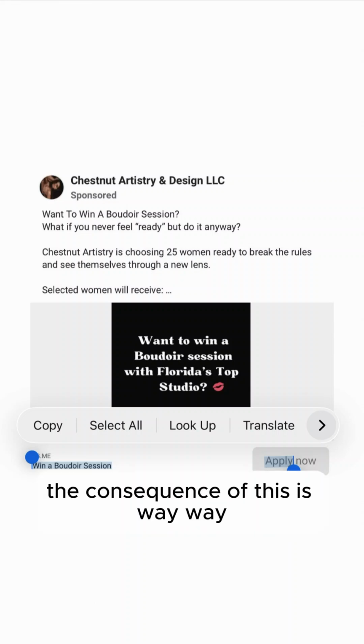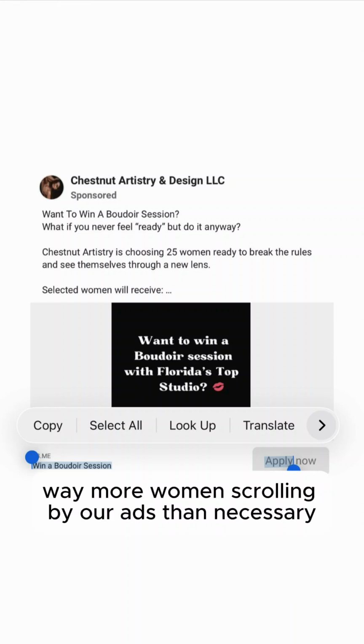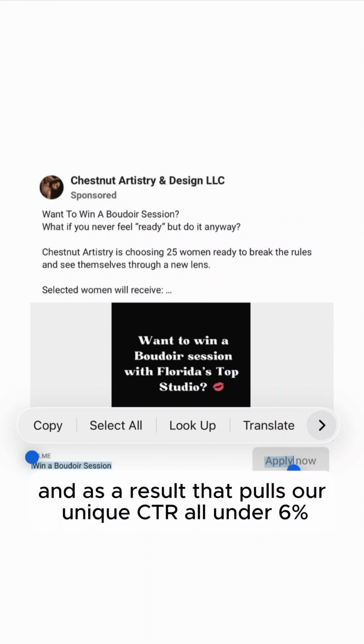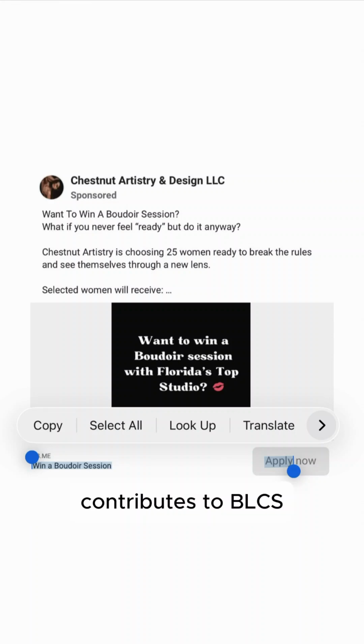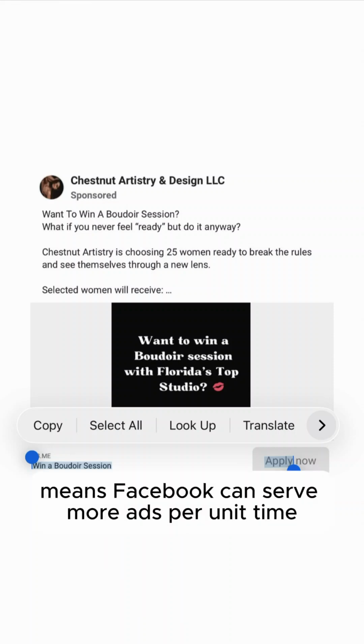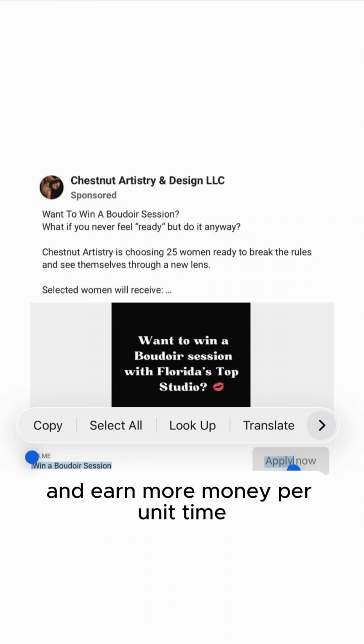The consequence of this is way more women scrolling by our ads than necessary. And as a result, that pulls our unique CTRL under 6% and contributes to BLCS. Facebook's happy though, more women scrolling by our ad per unit time means Facebook can serve more ads per unit time and earn more money per unit time.